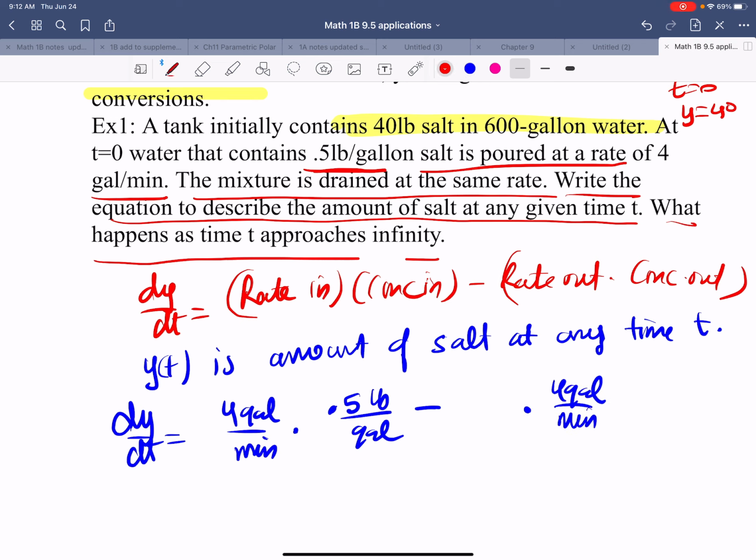We don't know the concentration out, so we call the amount of salt y. The volume is still 600 gallons, because we put the solution in at the same rate we take it out, so we're not changing the volume.